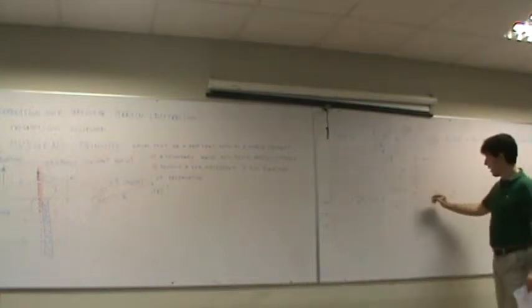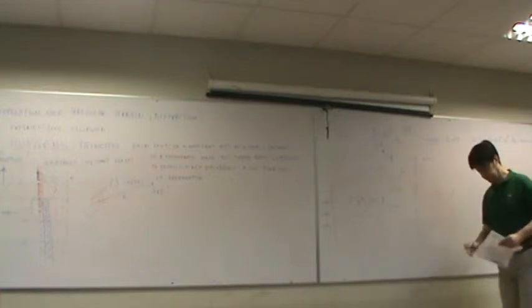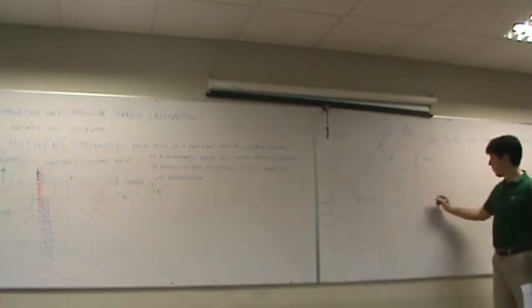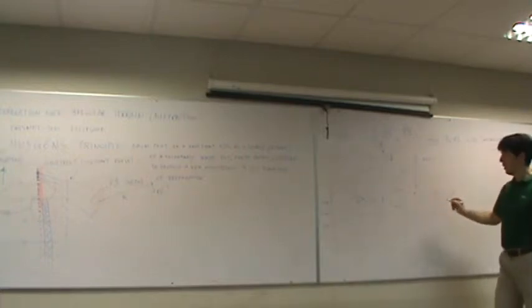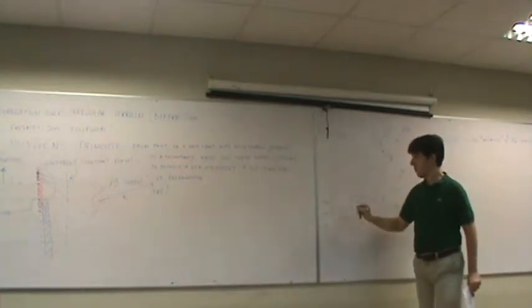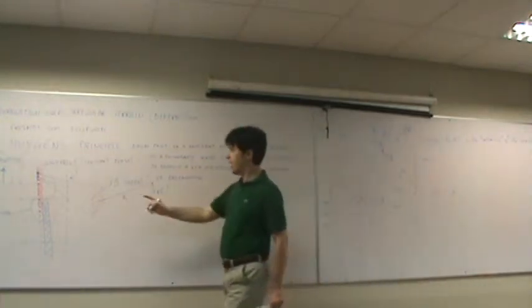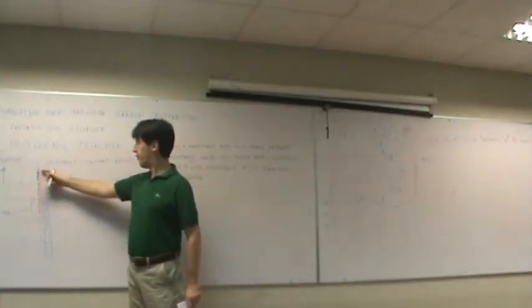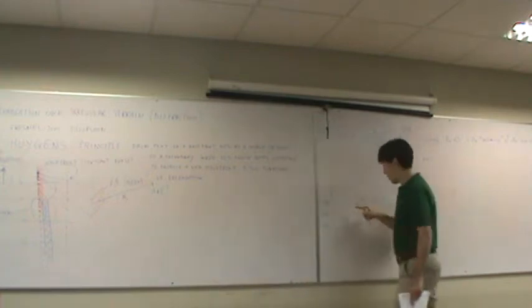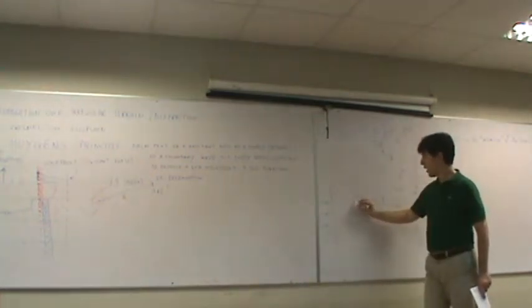Okay, let's start doing some calculations that are reasonably simple. How do we do this? Well, we imagine that on this aperture there is a distribution of Huygens sources. So we take some elemental area of this aperture.